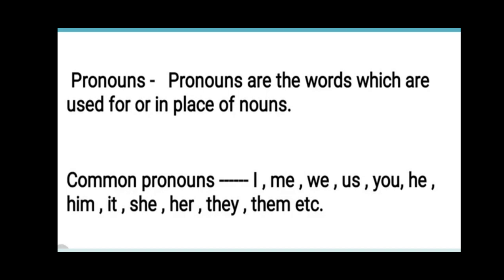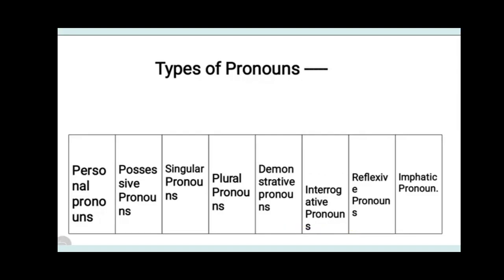After that, students, we got to know the different types of pronouns. We can divide the pronouns into 8 types, and they are personal pronoun, possessive pronoun, singular pronoun, plural pronoun, demonstrative pronouns, interrogative pronouns, reflexive pronouns, and emphatic pronoun.